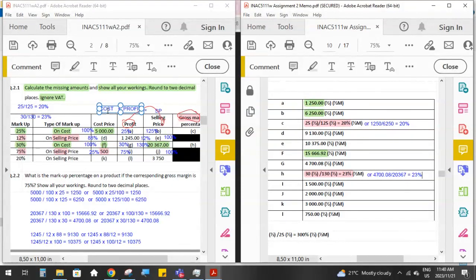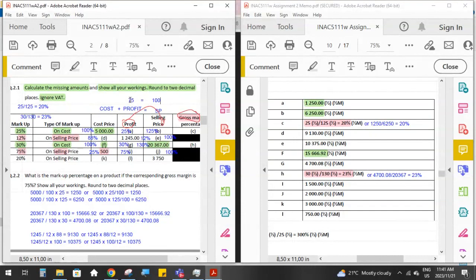So remember, we're using this principle here, cost plus profit equals selling price. Gross margin is 75%. So that means our gross margin profit is 75%. When we talk about gross margin, we are talking about the profit as a percentage of the selling price, which immediately means the selling price is our base of 100.